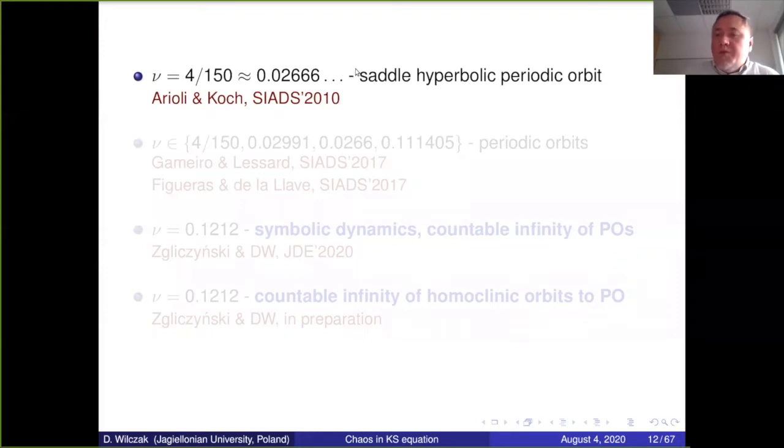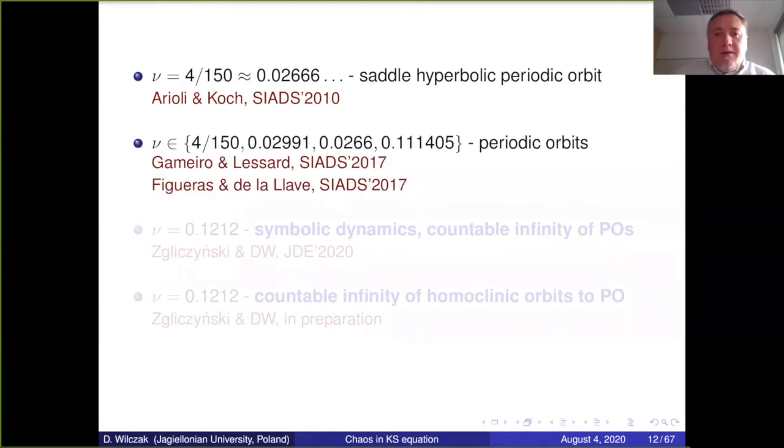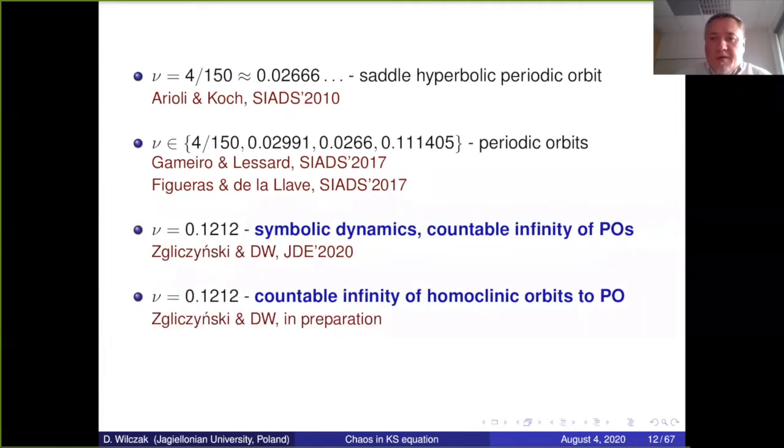They gave a computer-assisted proof of the existence of a hyperbolic periodic solution, and they also computed the spectrum of the Floquet multipliers of the orbit. There are some other results regarding periodic solutions for different parameter values, and we now have those two results that I guess follow the previous results for this system.